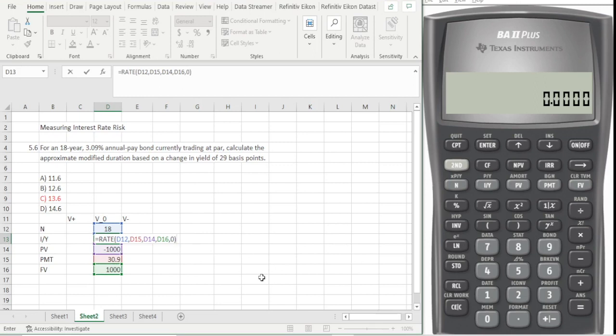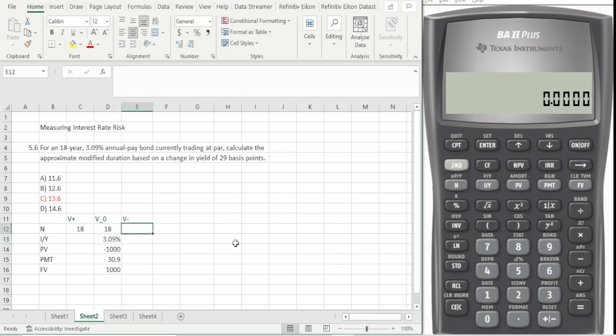Given information, trading at par indicates our interest rate equals to what? Coupon rate. Right? There we go. 3.09%. We good?